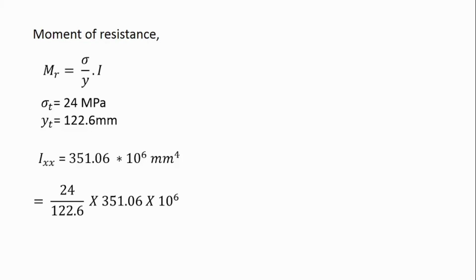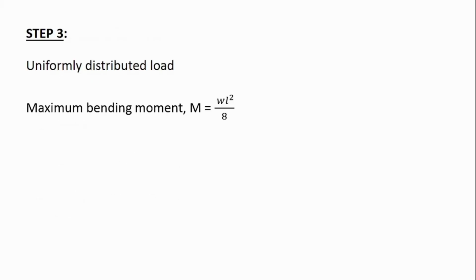So the third and final step, we're now going to calculate the uniformly distributed load. So we're using the relation maximum bending moment M equal to WL squared over 8 for a simply supported beam.